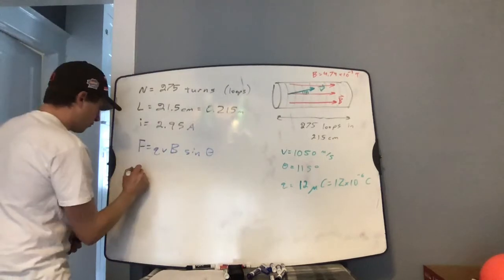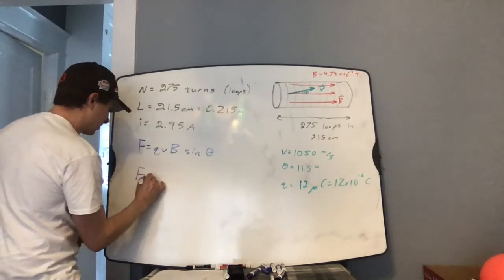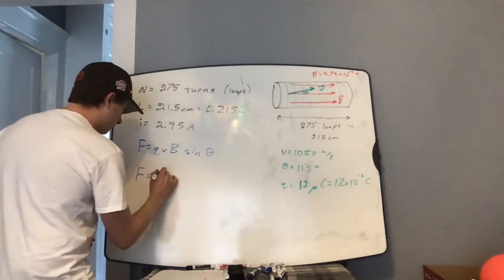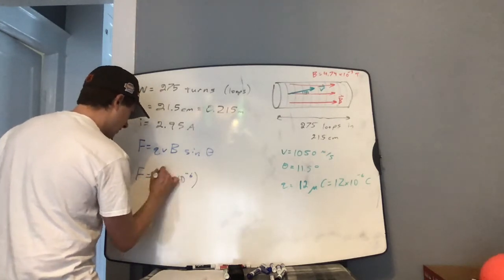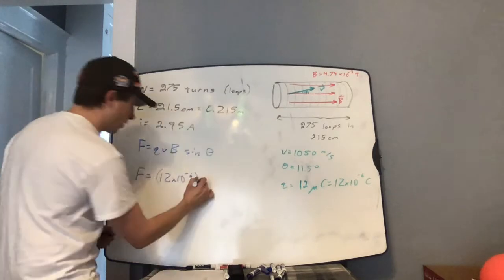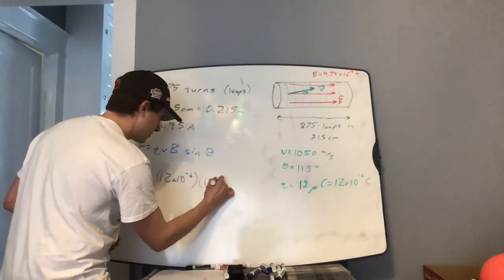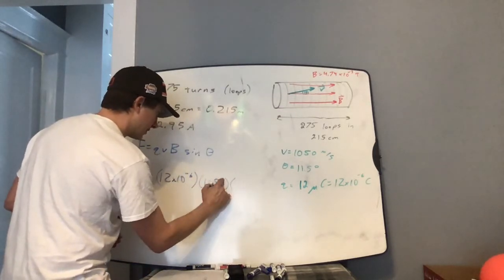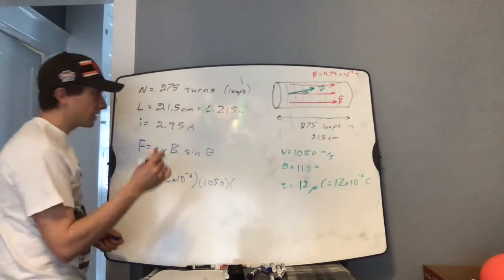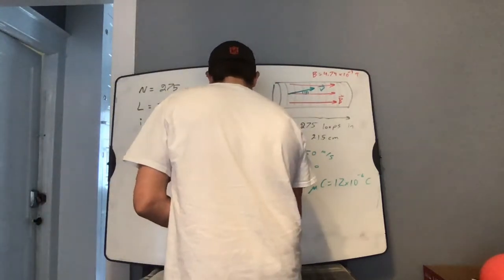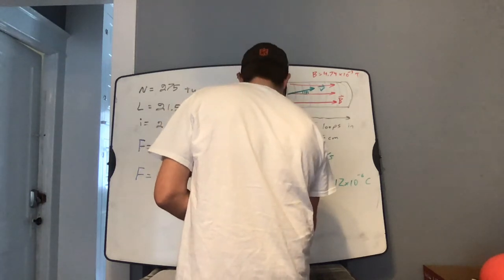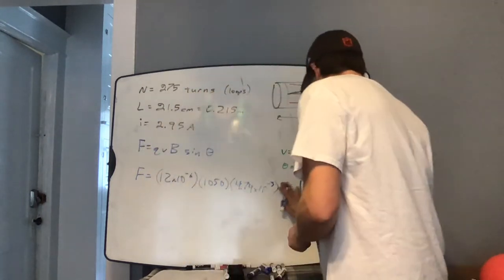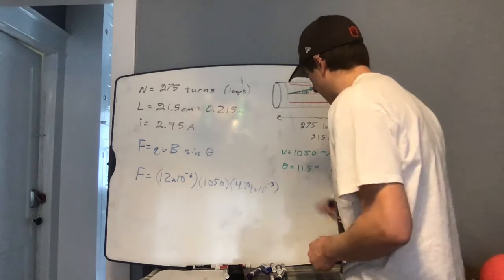So the force on this particle is going to be 12 times 10 to the minus 6, times the speed of the particle, 1050, times the strength of the magnetic field, 4.74 times 10 to the negative 3, times the sine of 11.5.